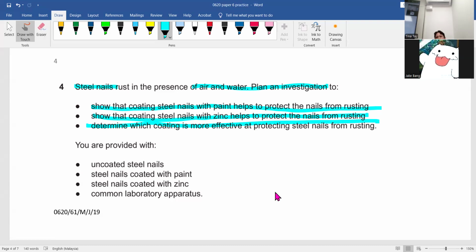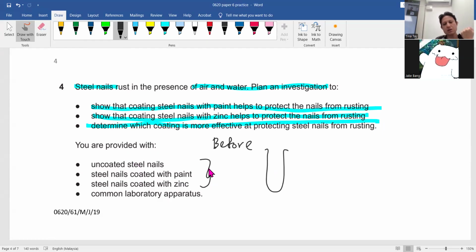No, color is not something quantitative. Something you can measure. Mass. The mass, yes. Okay, so what happens is, before that, you are given these four uncoated nails, right? These three nails, you weigh the mass first. And then you put it in with water, okay? And you leave it open, okay?